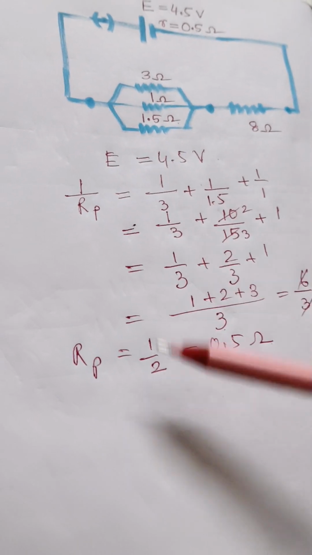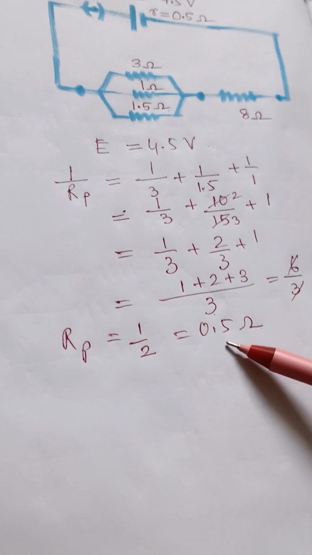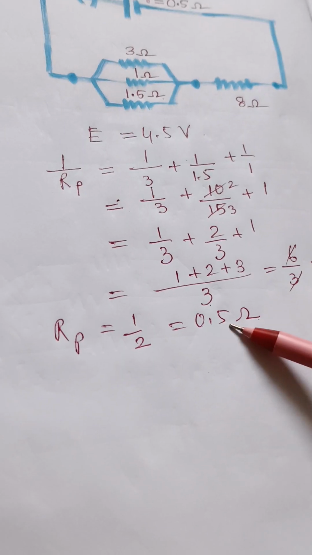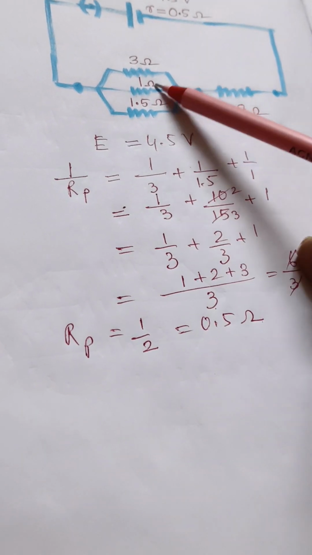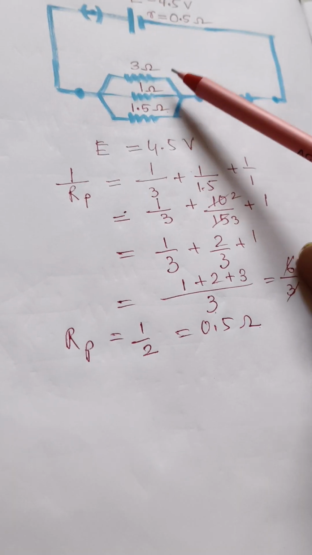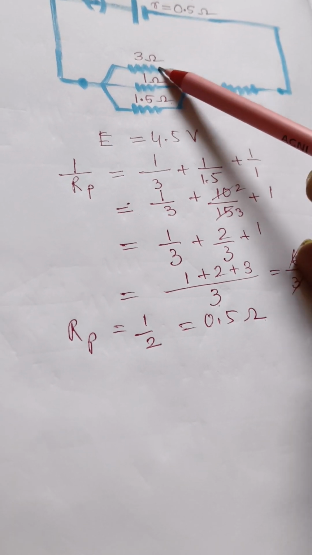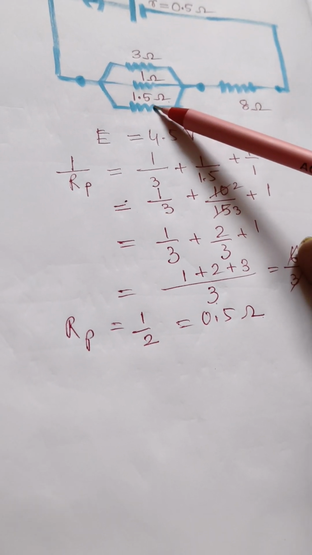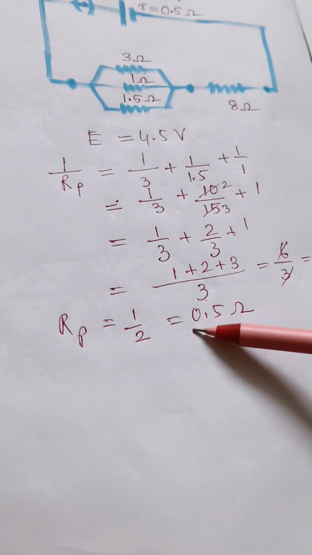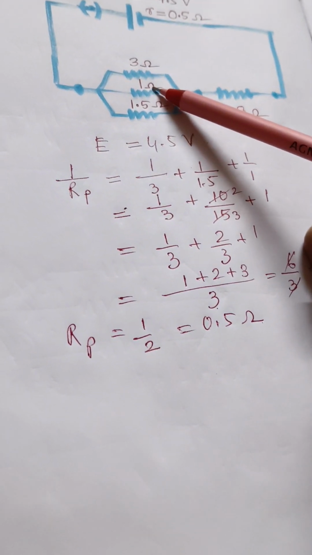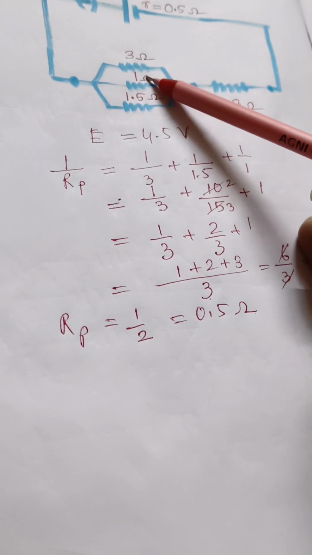And what is the equivalent resistance you are getting for this parallel combination? It's 0.5. So 0.5 is even smaller than 1. So whatever resistances are connected in parallel, the equivalent resistance is smaller than the smallest of the resistances. Keep that in mind.